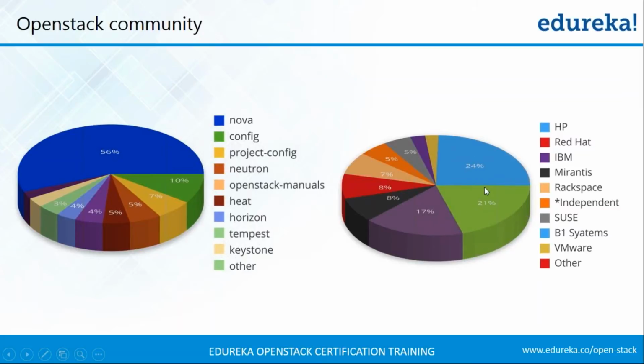There is VMware, IBM, Red Hat, Mirantis, some independent companies, and even more companies that are contributing right now. There is Dell, so they are all in others right now. So you can say that the open source community is very huge.